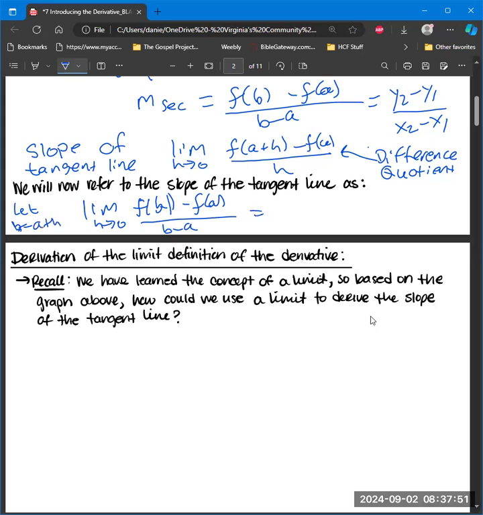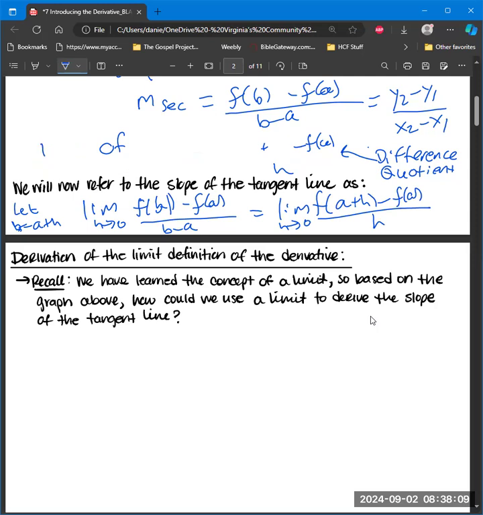So this is going to be equal to the limit as h goes to 0 of f of a plus h minus f of a over h. Write that in there. That's what the slope of our tangent line is going to be. And that's going to be our main thing that we're going to work with in this video.